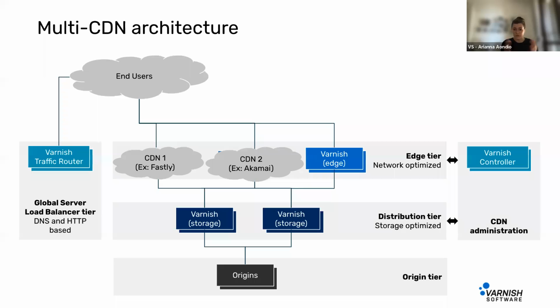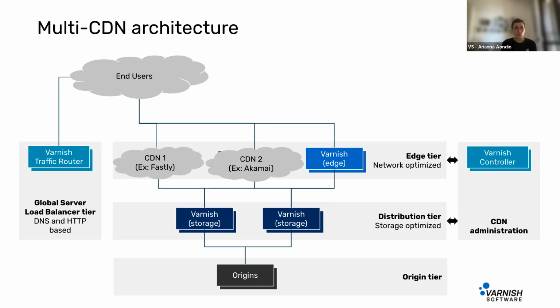And another example, it depends on the geographical database you use to define the geolocation of every single client. But all in all, the traffic router is a very important piece of the CDN setup.